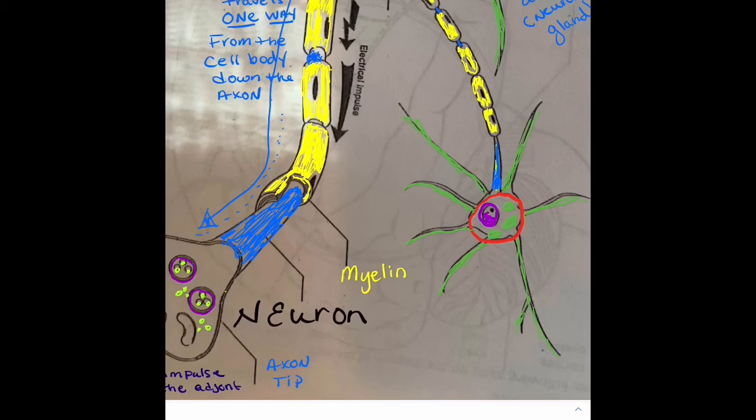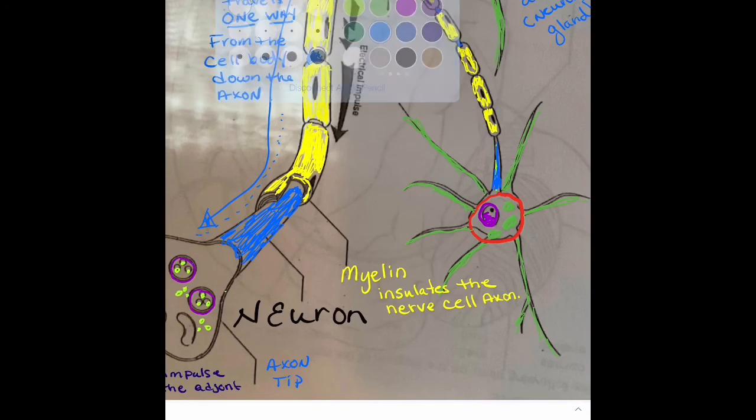And basically, myelin insulates the nerve cell axon. And what does that do for us? Well, by insulating it, it's keeping that electrical signal on the axon. So the electrical signal doesn't escape from the axon, which is also really, really good.